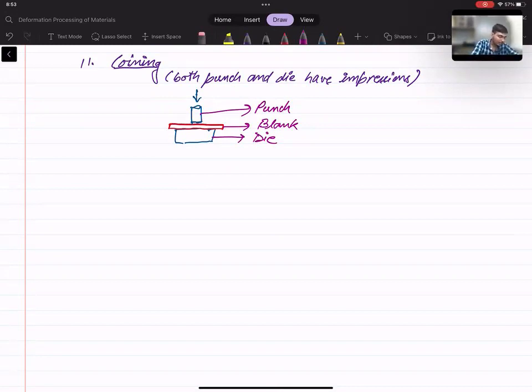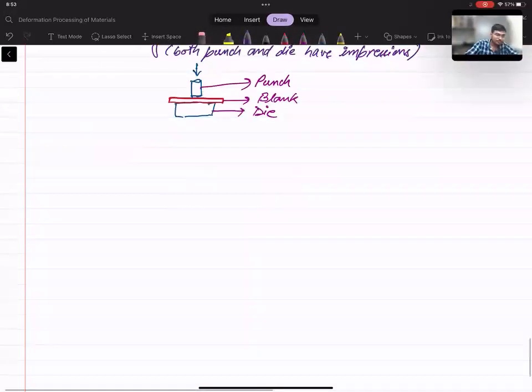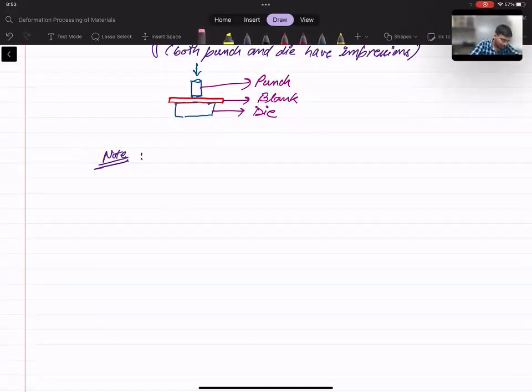This is an extra note here: the force required for blanking or punching. This is not related to bending or stretch forming, remember.